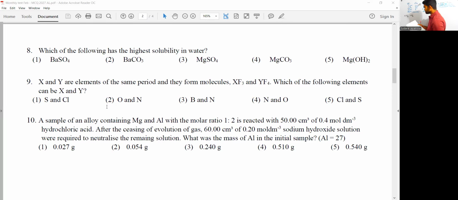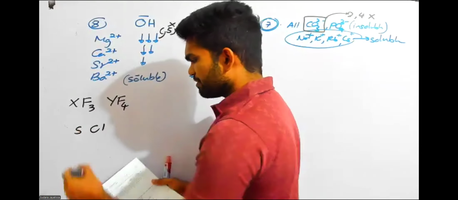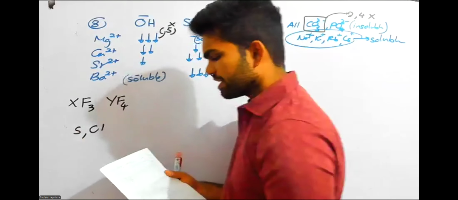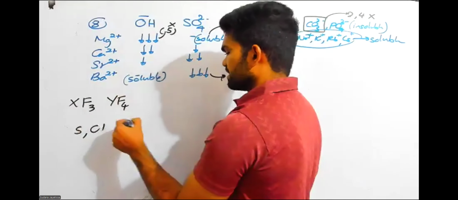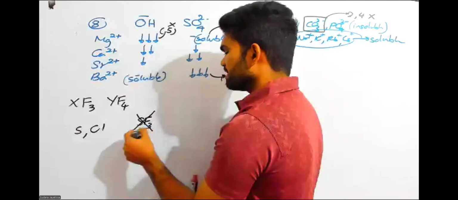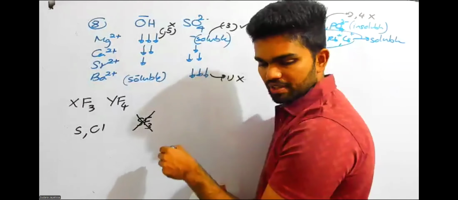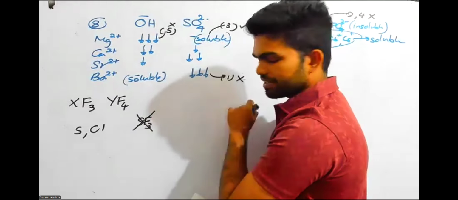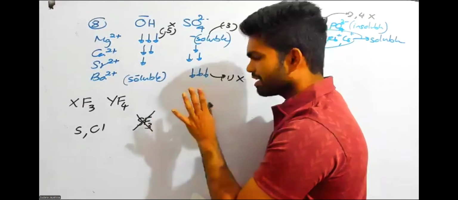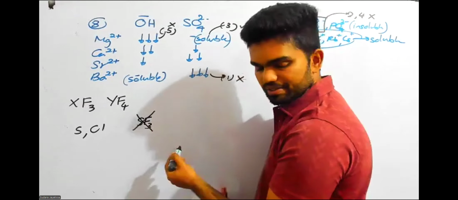Now the thing is, it's not that difficult. Go with your answers. The first one is telling sulfur and chlorine. Can it be sulfur and chlorine? So SF3. Is there something called SF3? No. Why? If you calculate the number of electrons, you will get an odd number. Odd number means a single electron will remain on sulfur. It is not stable. So the electron sum should be an even number.